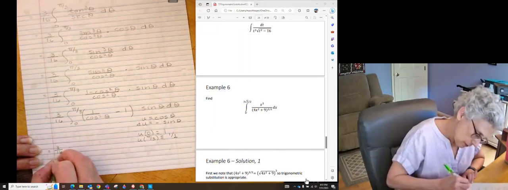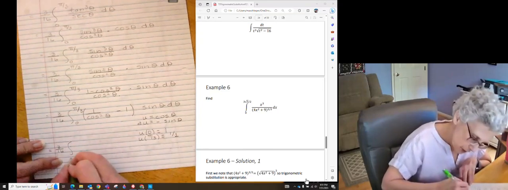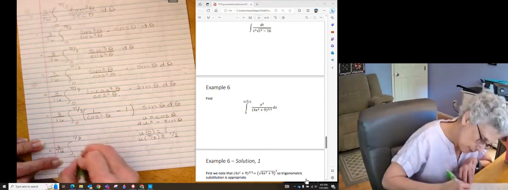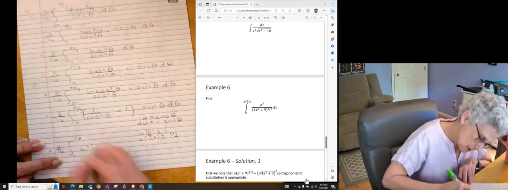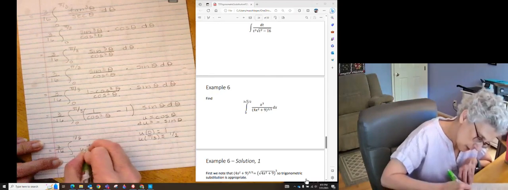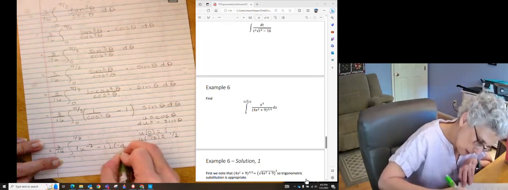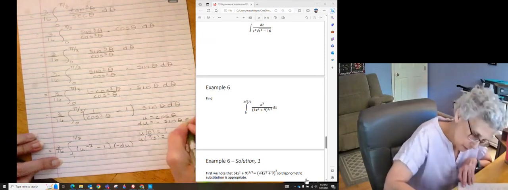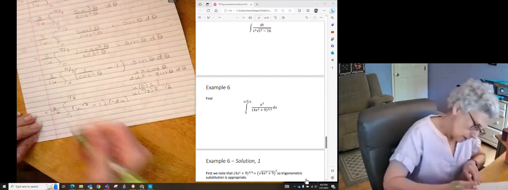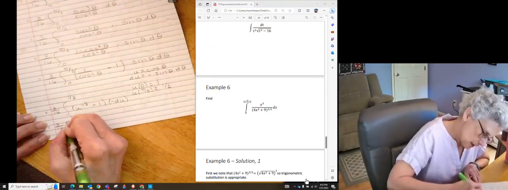So I still have 3 over 16, integral from 1 to 1/2 of u to the minus 2 power minus 1, because it's squared, and then minus du because it's the negative of du. 3 over 16.